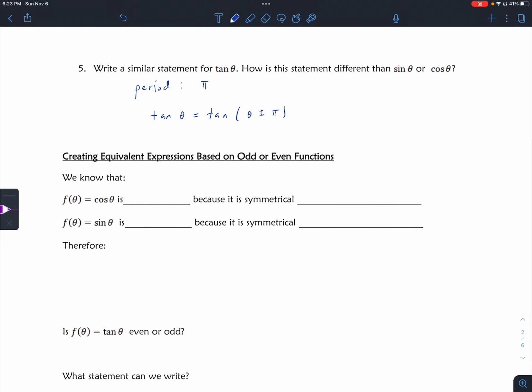Okay, so now let's talk about odd and even functions again.